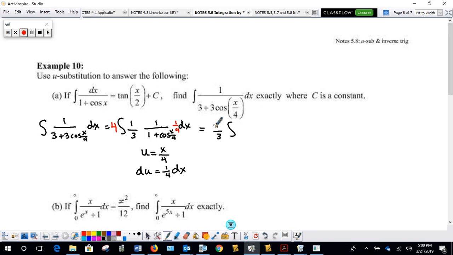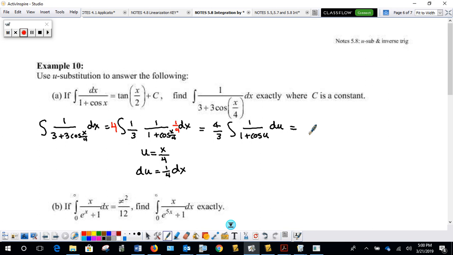So let's make this 4/3 when I pulled that out. And what that allows me to do is to turn this into 1 over 1 plus cosine of u, and then that's du. Now, once I get to here, does it really matter that this is x and that's x? If this is u, no. This is a placeholder. You just use the variable that you have here.